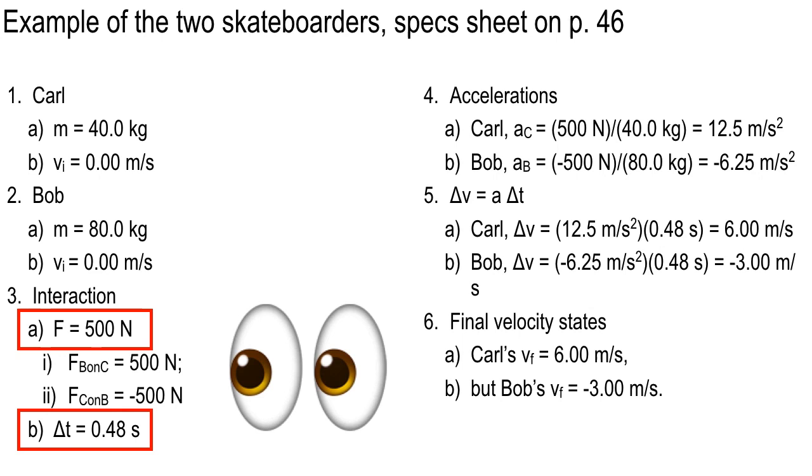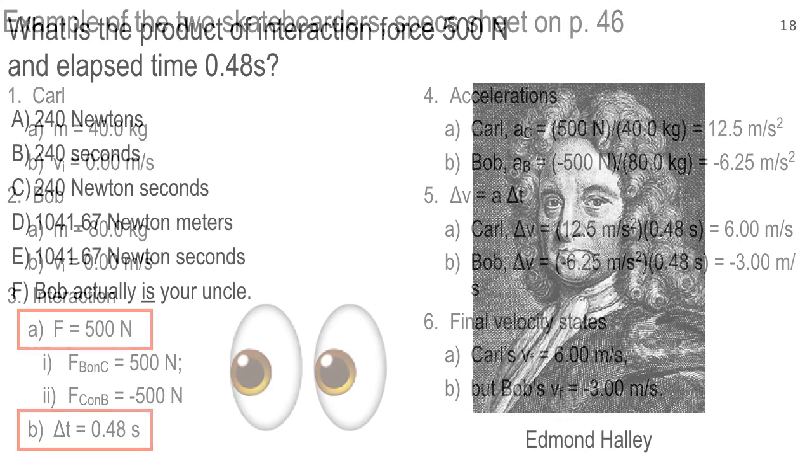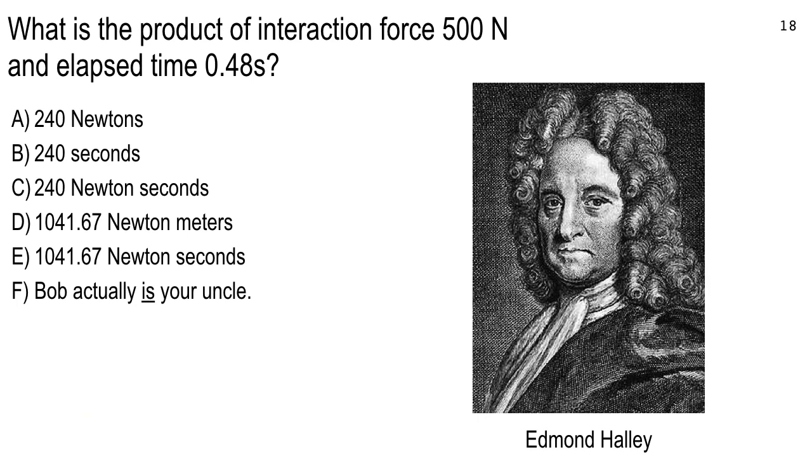Now, because these are the two quantities that are equal, I want you to think about combining them into one quantity by multiplication. So here's your next iClicker question. What's the product of interaction force, 500 newtons, and elapsed time, delta t equals 0.48 seconds?